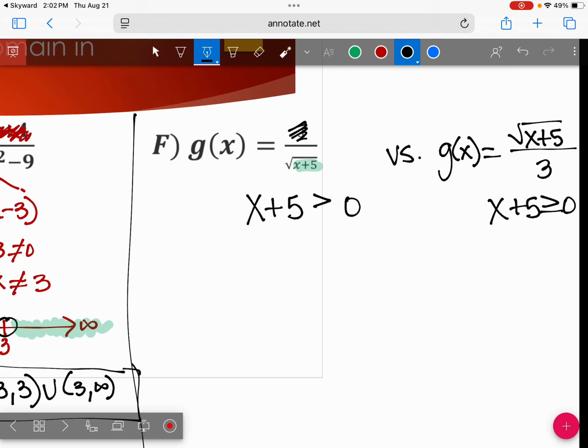And so since it's a square root, that would make it a hard bracket? It's only a hard bracket when it can be equal. So can this one be equal? No. So when I solve this, I'm subtracting the 5, which means x has to be greater than negative 5.